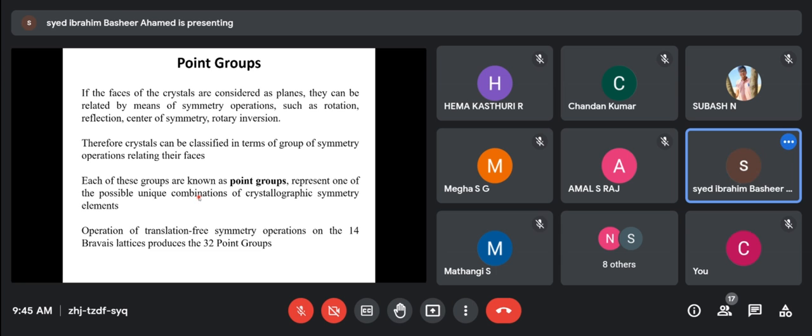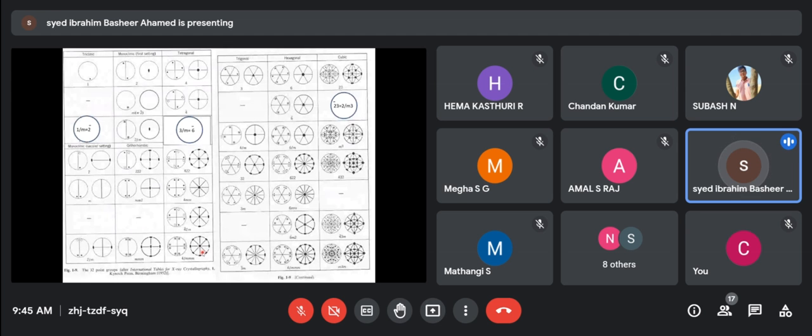You can use those operations upon these 14 Bravais lattices, and that will make 32 different point groups. Here is every type of point group for each crystal system: triclinic, monoclinic, tetragonal, trigonal, hexagonal, and cubic.